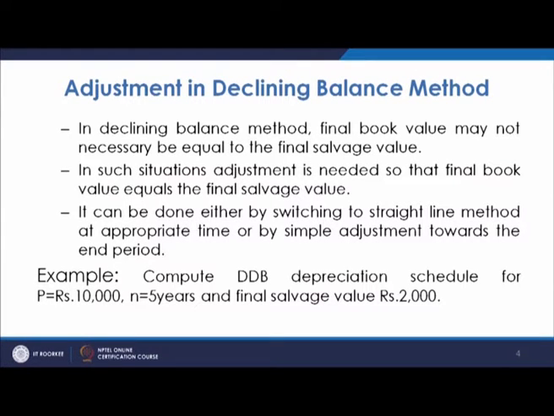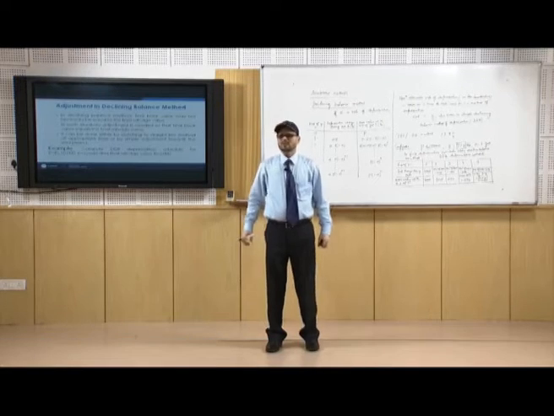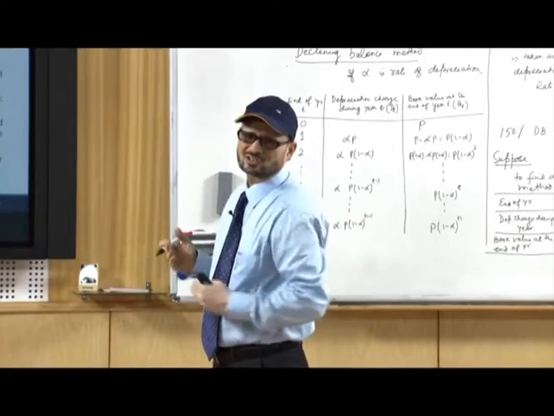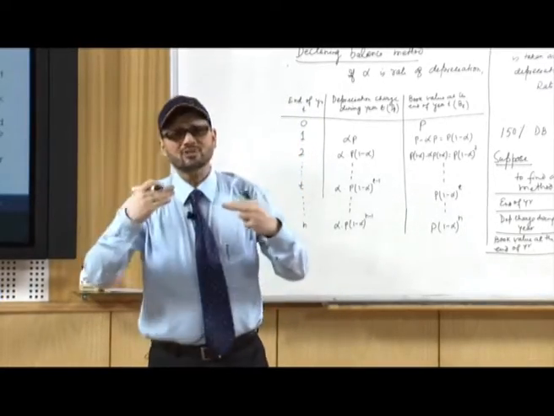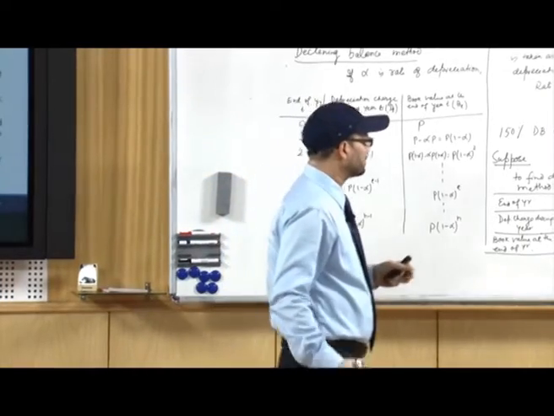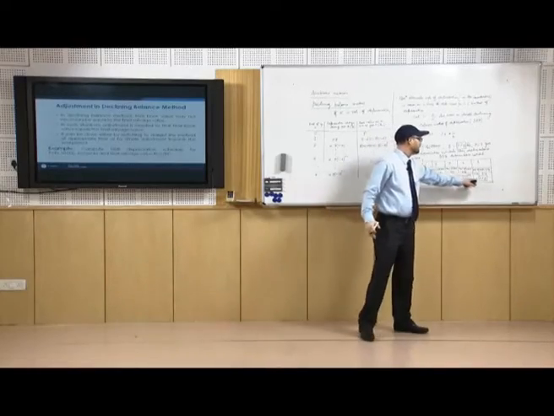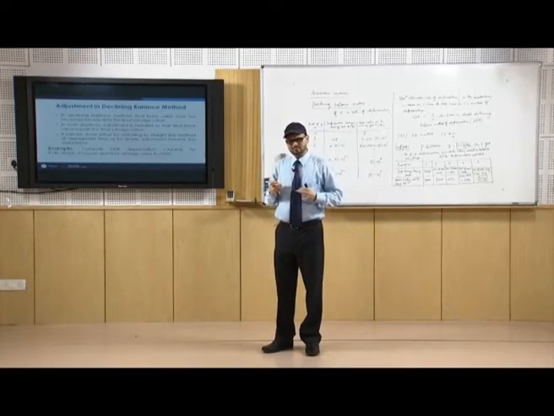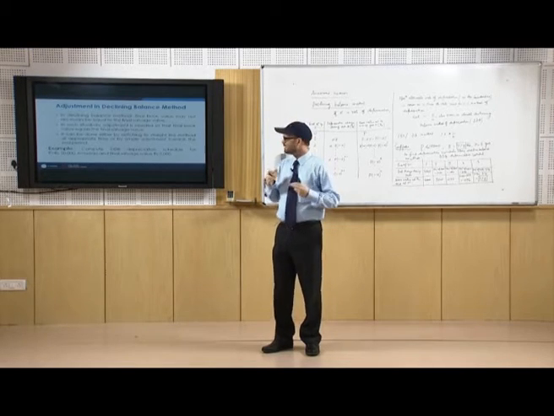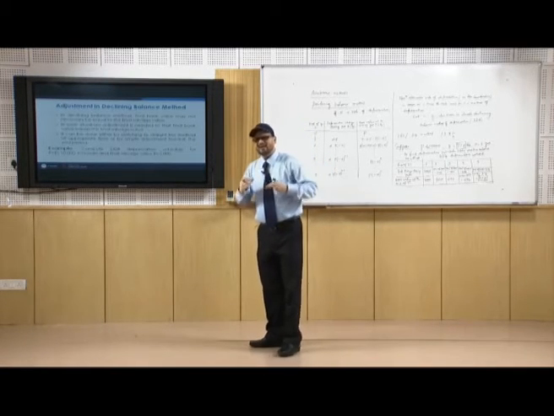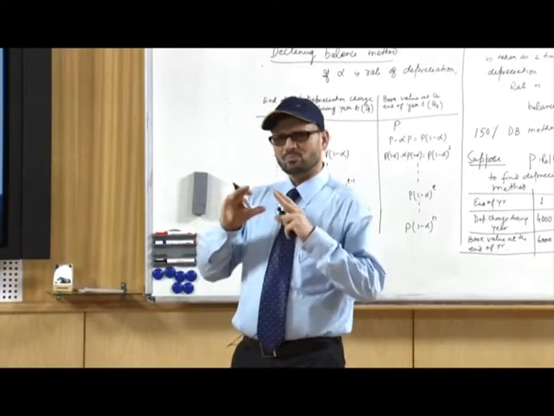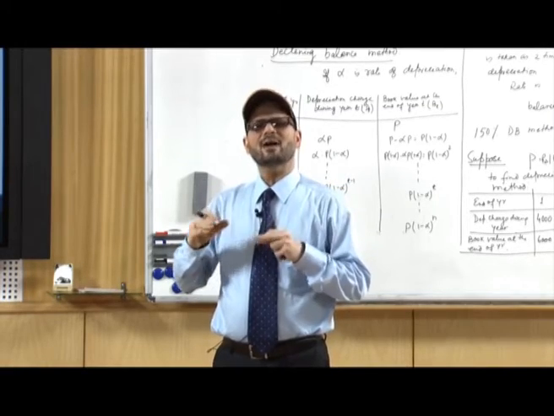It means the salvage value seems to be more than the book value. Now, under these cases, you have to adjust your depreciation charges so that you get finally the amount of 2000 at the end of its life. So, these topics come under the category of adjustment of depreciation charges during its life, so that book value and the salvage value become equal.